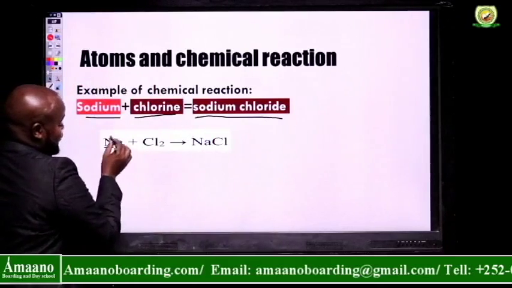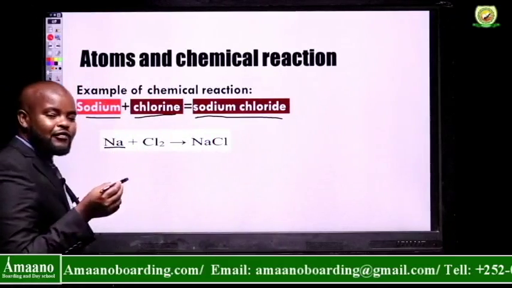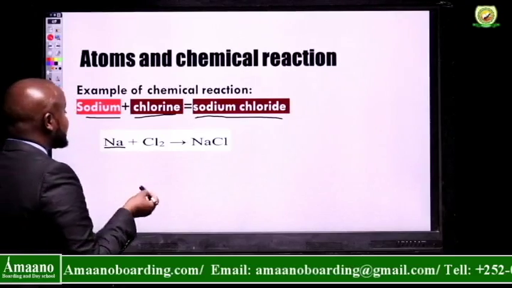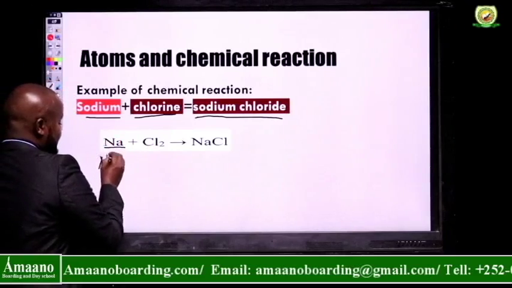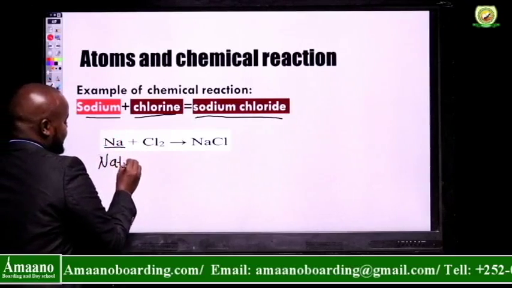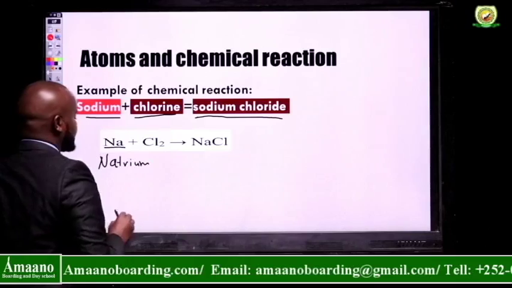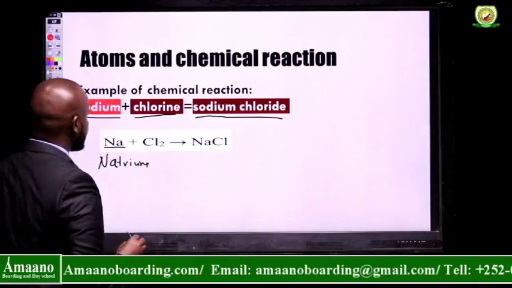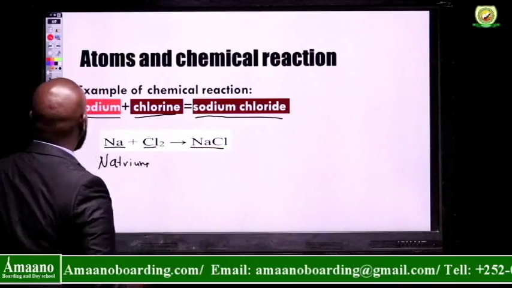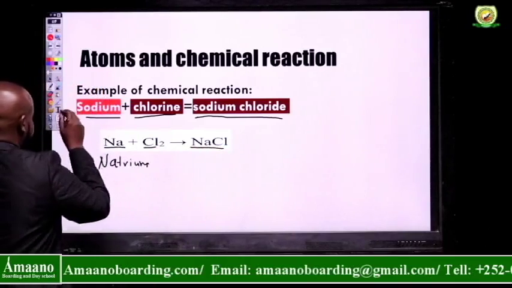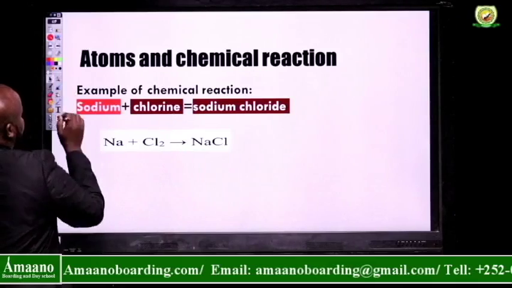This is the symbol of sodium. Why do we have Na for sodium? Because this is Latin. It's natrium, right? So this is Latin, natrium. Chlorine, and this is sodium chloride, right?